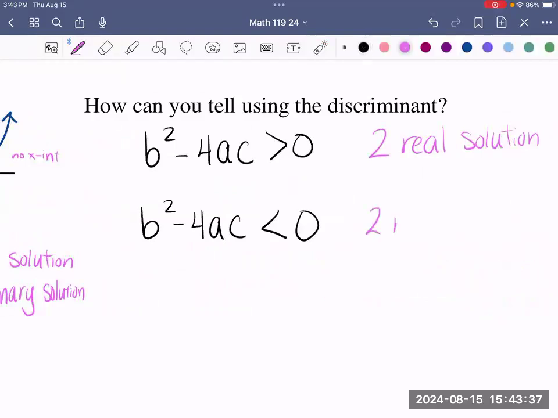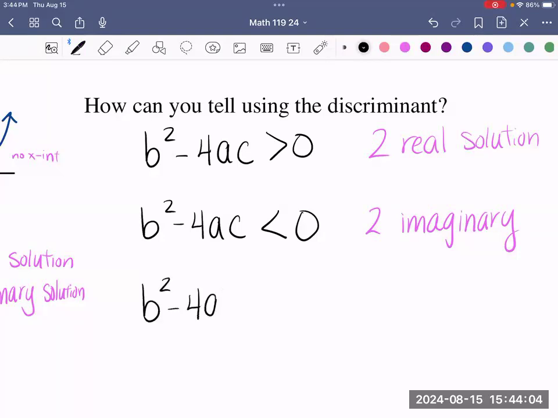Two imaginary solutions, right? So less than 0 means a negative underneath the square root. Are you allowed a negative under the square root? No, right? Not allowed.